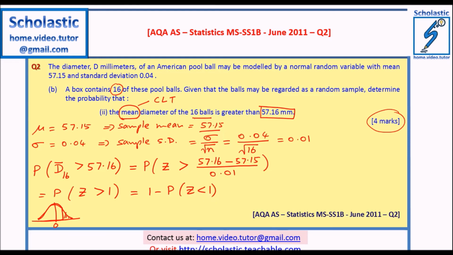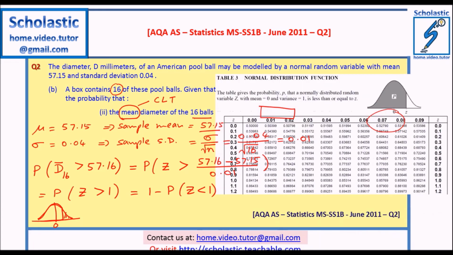So what we do next is read the normal probability distribution function table, in which the value of z in this case is 1, and the area under that, the probability, is equal to 0.84134.